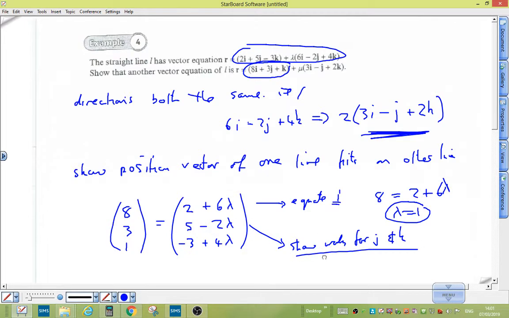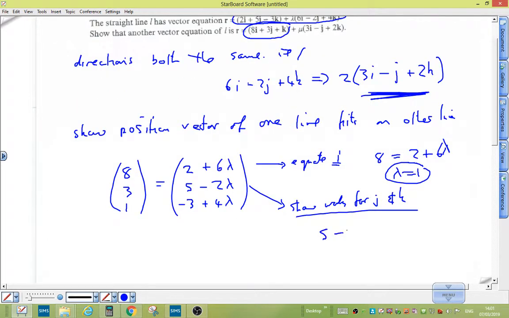Okay, so I'm going to put that in there. 5 minus 2 lots of 1, and that gives you 5 take away 2 is 3. And then the next one is minus 3 plus 4 lots of 1, and you can see that I've got positive 1. It works.